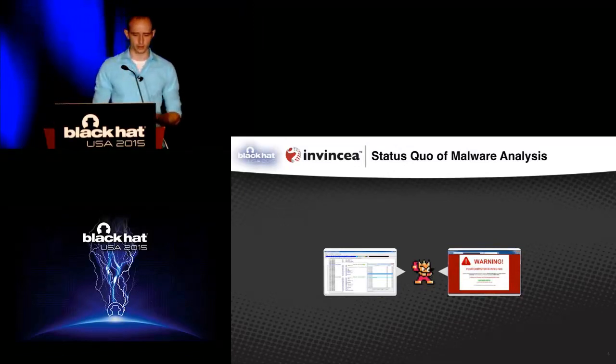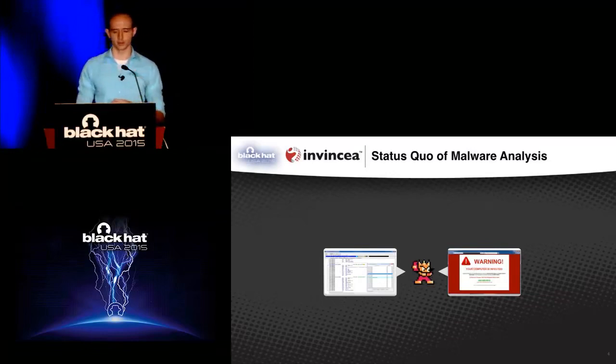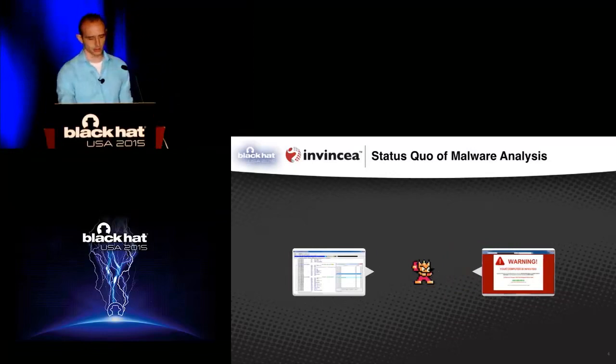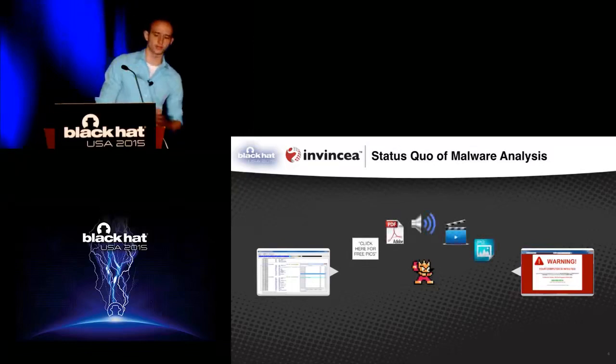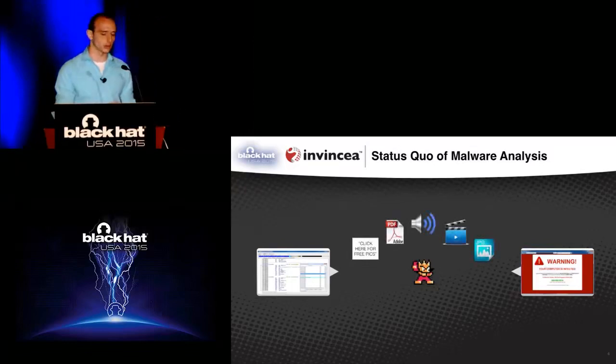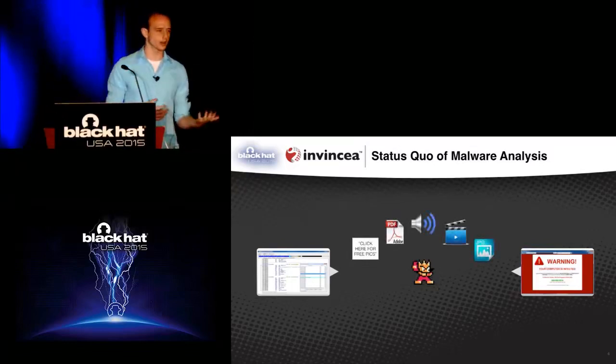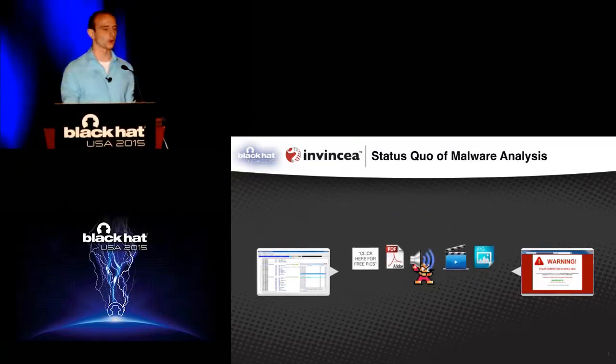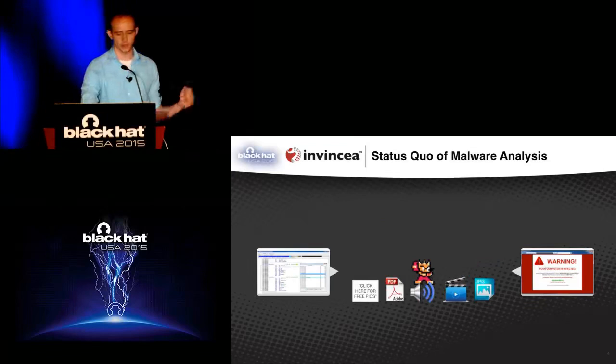But these techniques focus almost exclusively on the code of the malware, and the resources of the malware, which can include things like natural language, documents, audio files, video, and images, tend to get pretty much dropped on the floor and left out of the research completely.